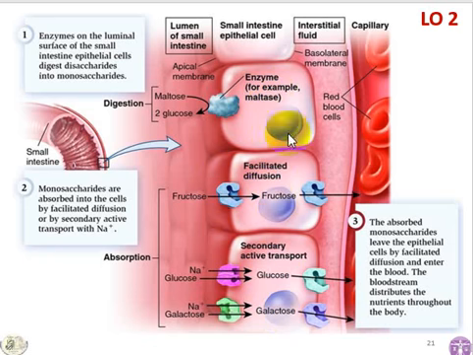These monosaccharides will be absorbed to the blood circulation by facilitated diffusion using glucose transporter 2, which facilitates the diffusion of fructose, glucose, and galactose to the blood circulation to be distributed throughout the body.